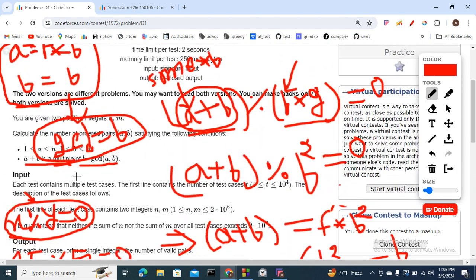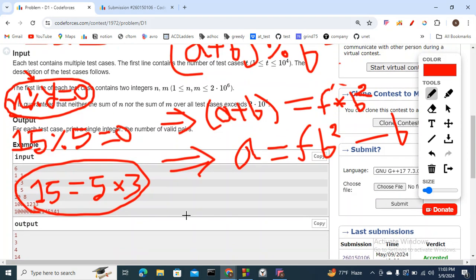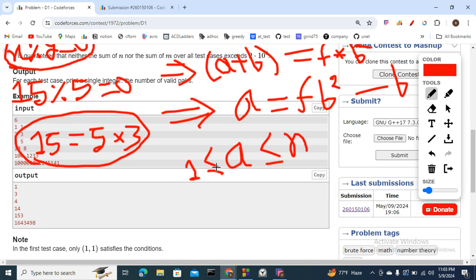And there was a range given. The range of a, so we write this: 1 is less than or equal to a, which is less than or equal to n. We have nothing to do with this side; we are only considering this portion for simplicity.